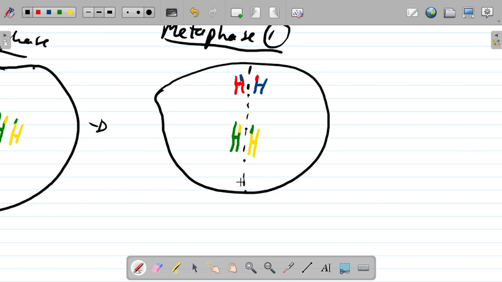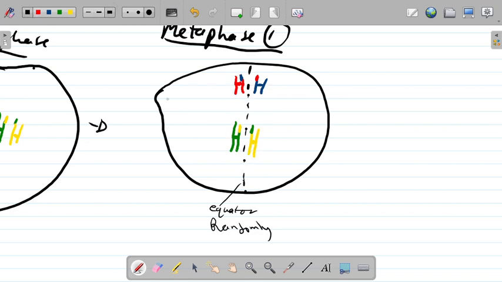During metaphase, what is important for you? You must mention that there is an equator, right? On this equator is where your homologous pairs will lie randomly. So this is random arrangement of homologous pairs during metaphase I that brings about genetic variance. Good. And then each of the chromosomes from the homologous pair will lie on the opposite side of the equator.